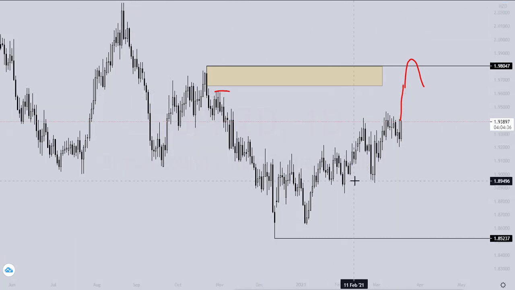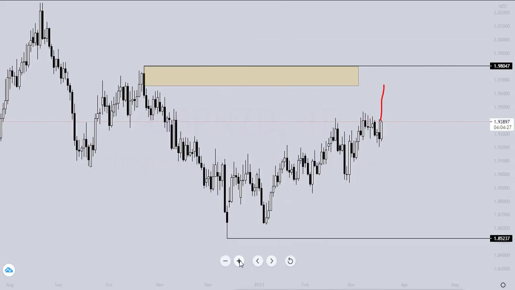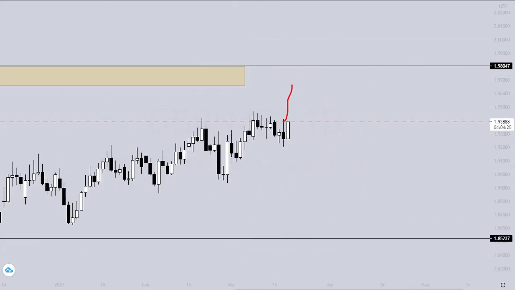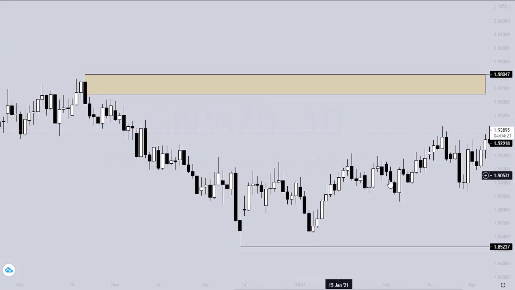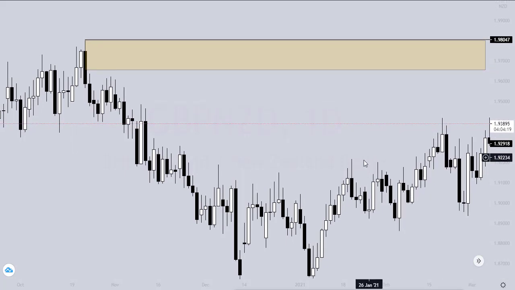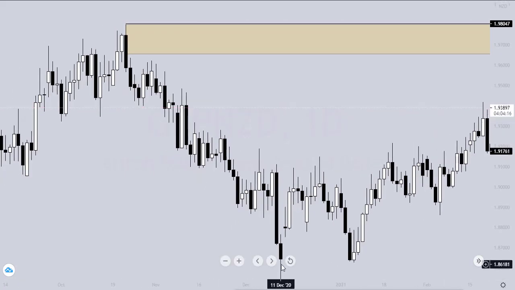Now I want to take you step by step and show you how GBP is moving. During this downtrend, this was a broken range.